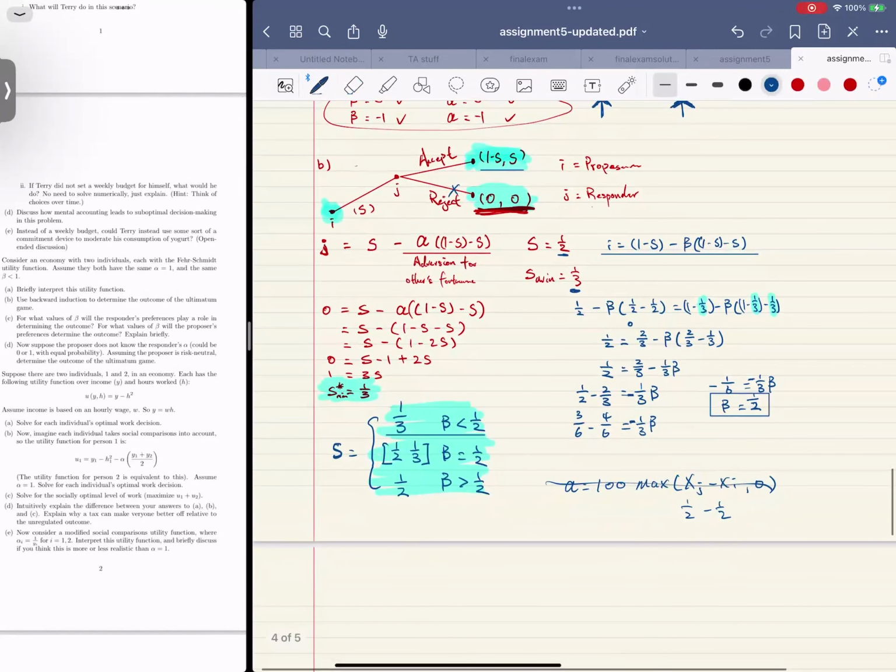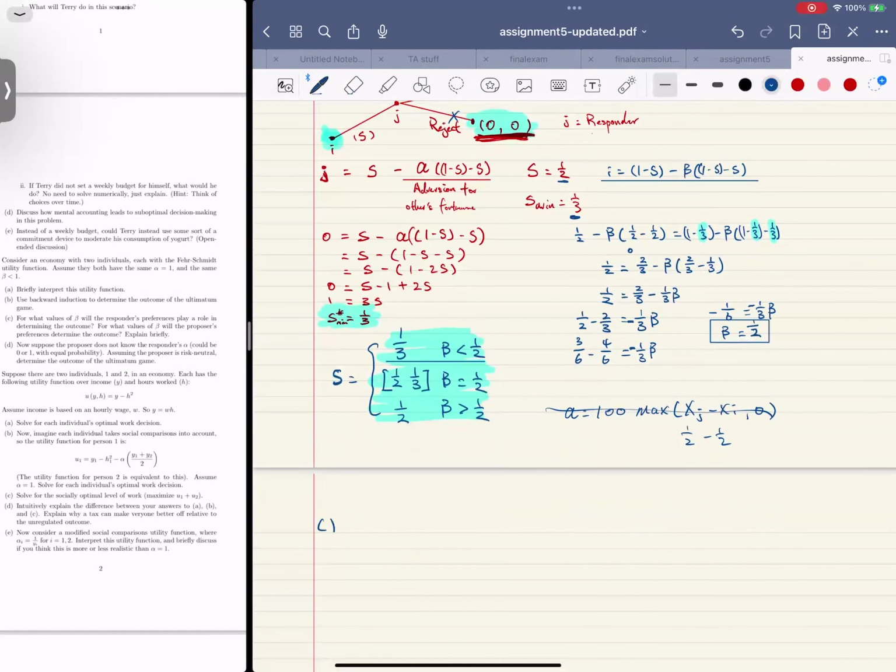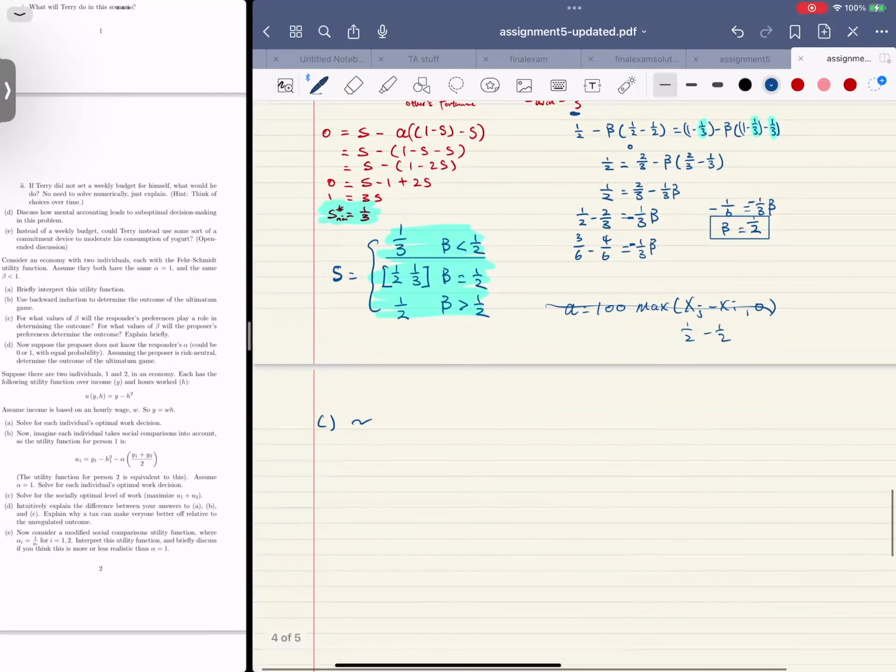Okay, let's go with C. So C, for what value of beta? Oh, I think I just did that. Okay, we know the beta. We go forth with D.